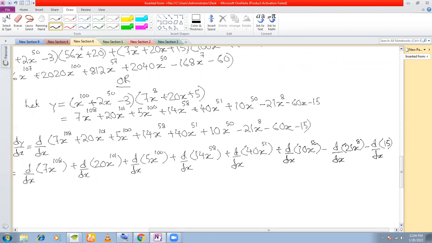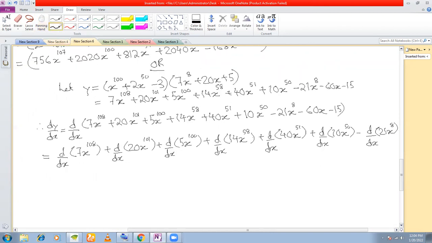Okay, so now you want to differentiate each one. How will you differentiate? You can take 7 out of the differentiation and write this as 7 d/dx x^108. Now I'm showing you each one step by step. Because this is our starting point, you may do it directly, but because I'm starting here, I'm showing you each step.